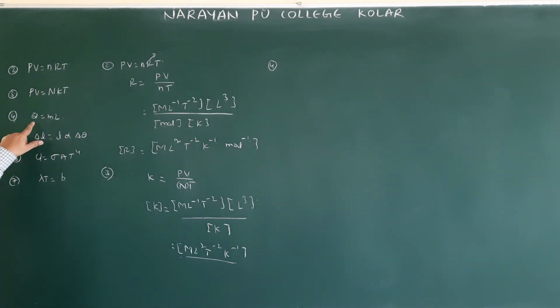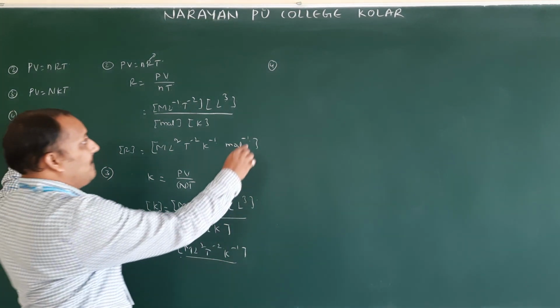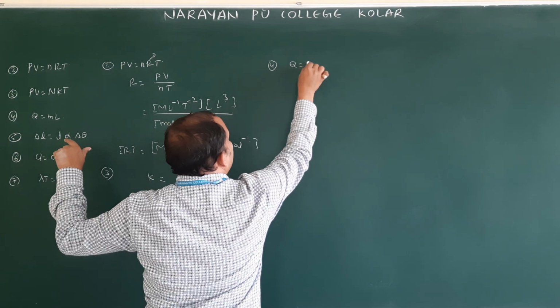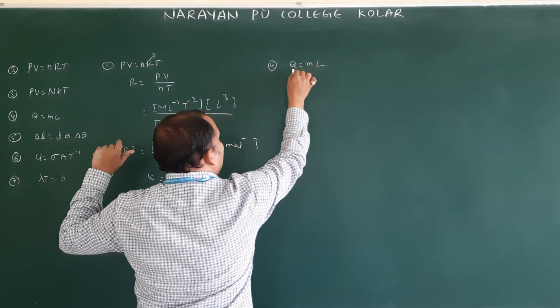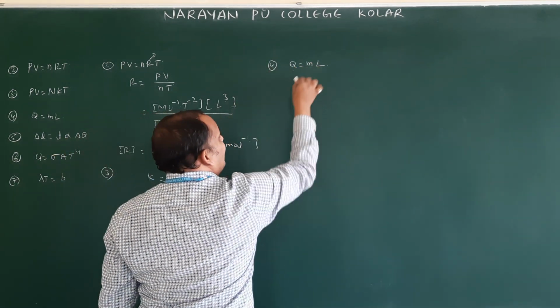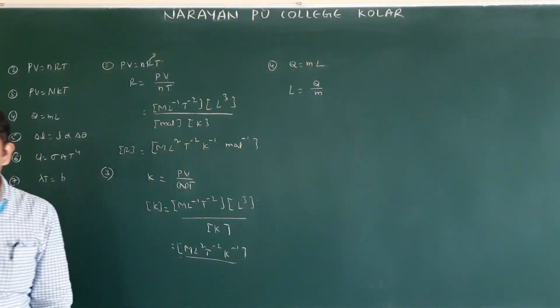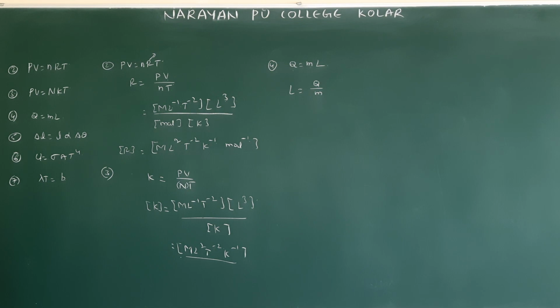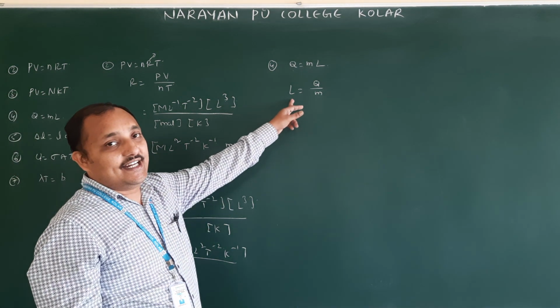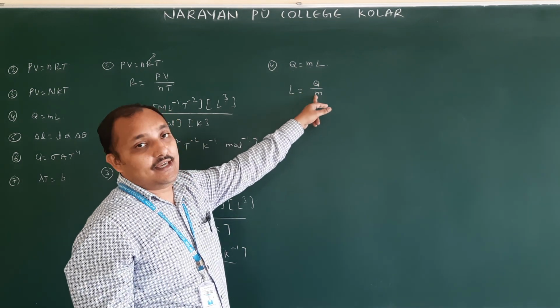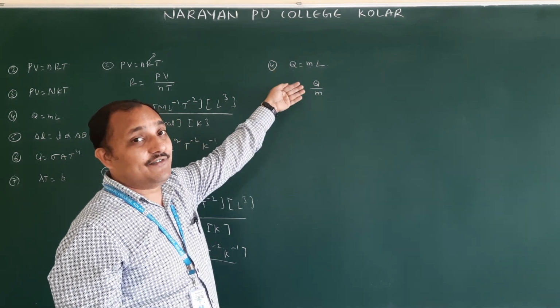Fourth one, what do we get? Q is equal to mL. M is mass, Q is heat. What is capital L here? Latent heat. They gave them one by one. The fourth one they gave is the latent heat, capital L. Here capital L is latent heat. Q is heat, M is mass. Again, heat is a form of energy.